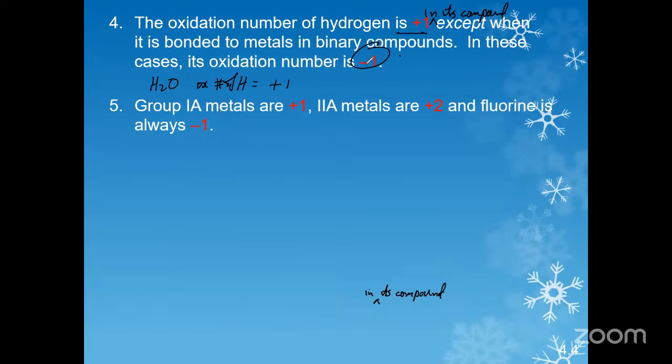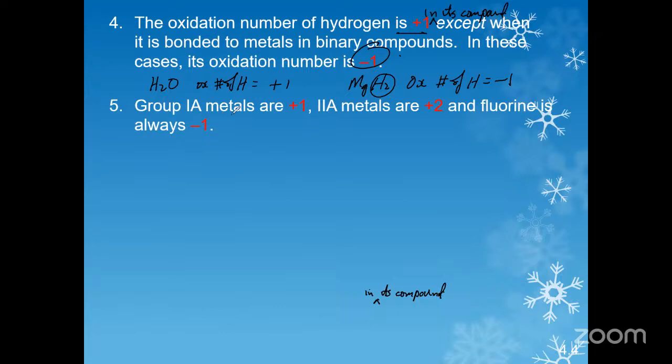But if you have something like magnesium hydride, the oxidation number of hydrogen is -1 because in this case, the hydrogen is combined with a metal. So that's what rule number 4 is saying. If hydrogen is bonded to a nonmetal, the oxidation number is +1. But if hydrogen is bonded to a metal, then the oxidation number is -1.